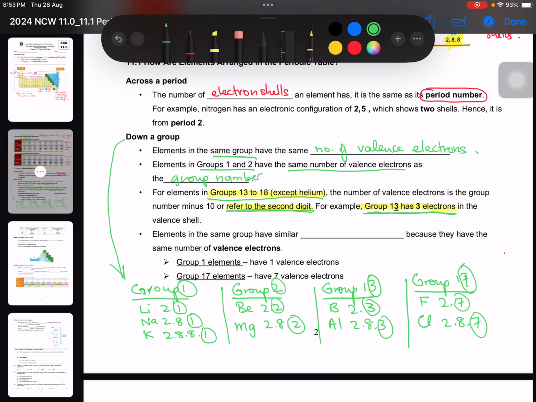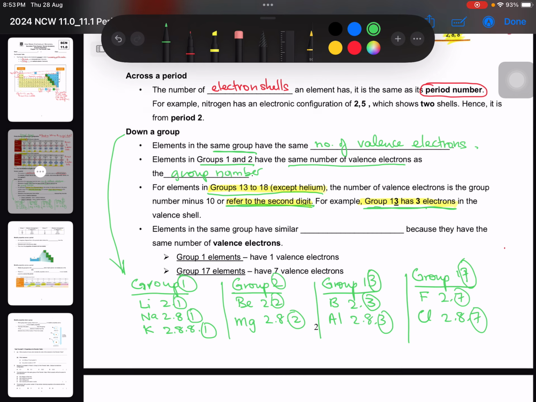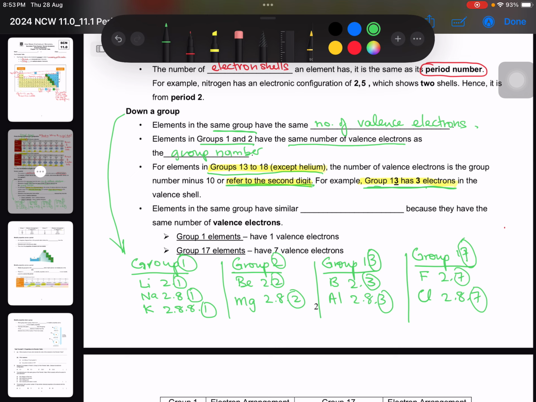If the elements are in the same group, then they will have similar chemical properties. Okay, what are chemical properties? Chemical properties are actually reactions.